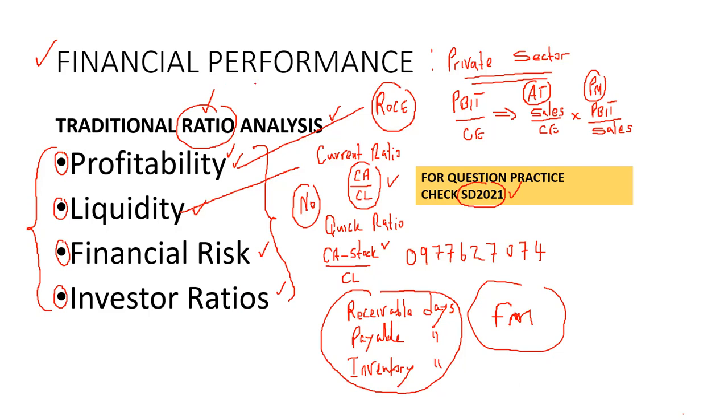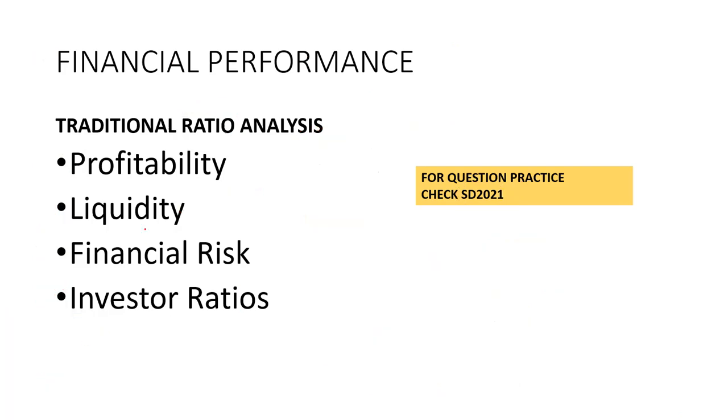Before we ask you to have a look at the question that came, let us conclude the other two ratios that we have here. Financial risk. Really, one would argue that this is more financial management, but the examiner wanted you to tell us, as a performance expert, how do we measure financial risk?